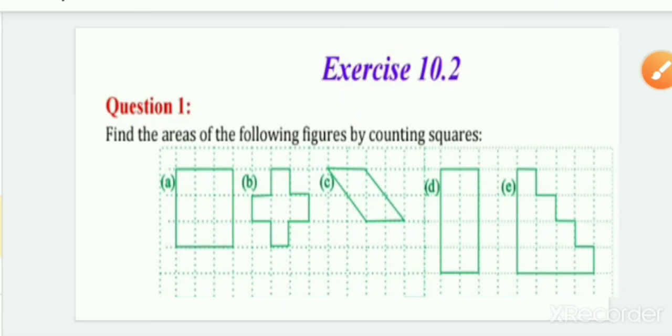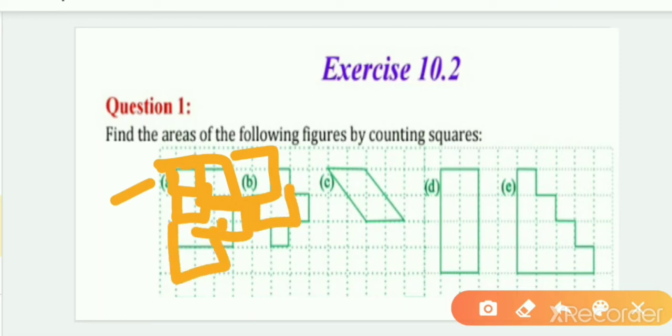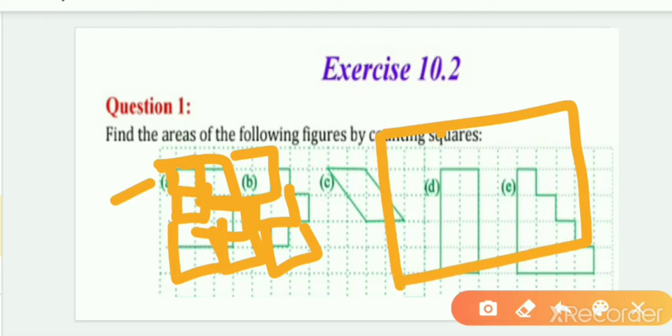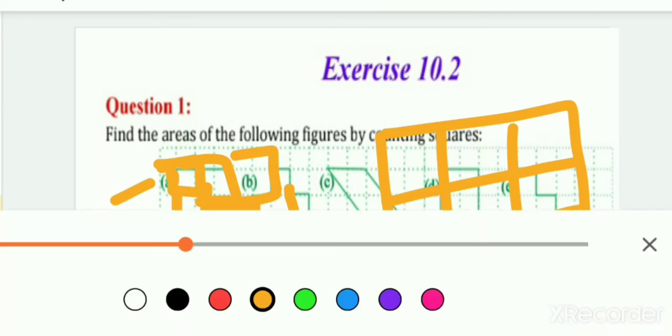First we come to the first question. See, it has square boxes inside. You can all observe it. It has square boxes inside, like 1, 2, 3, 4, 5, 6, 7, 8 and 9. So it is a complete shape like this, having 9 square boxes.